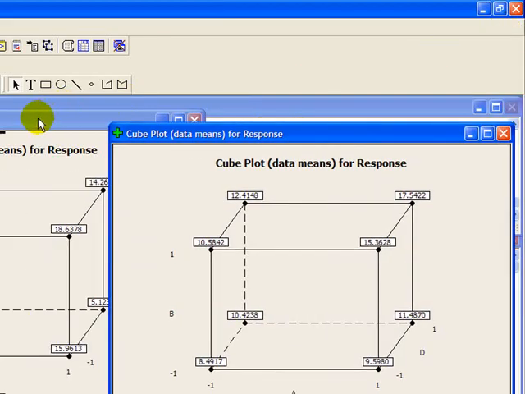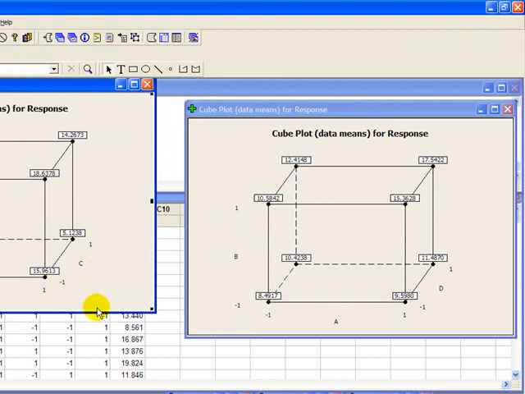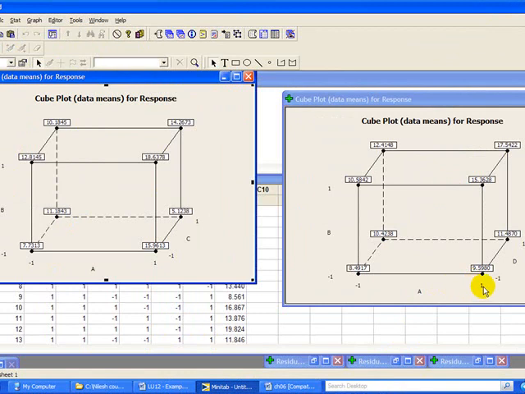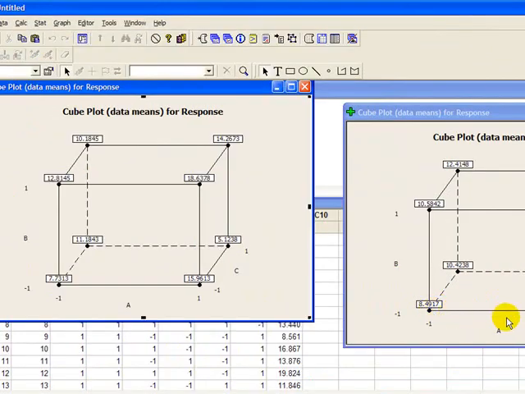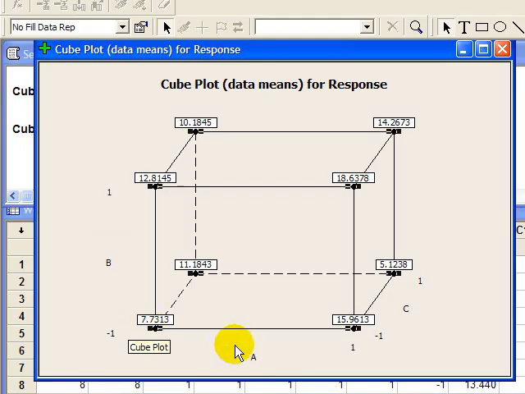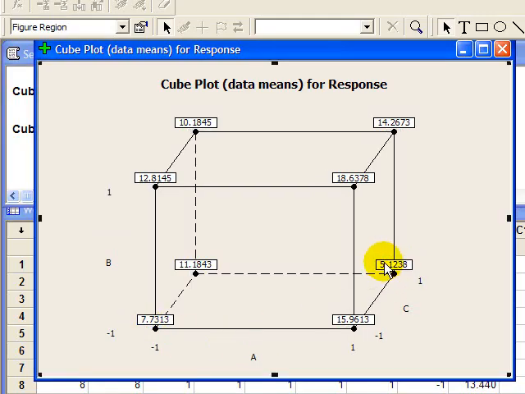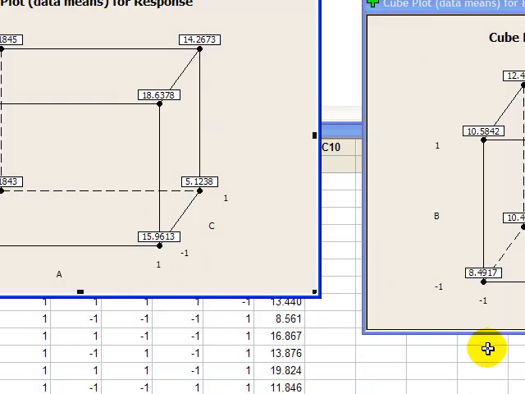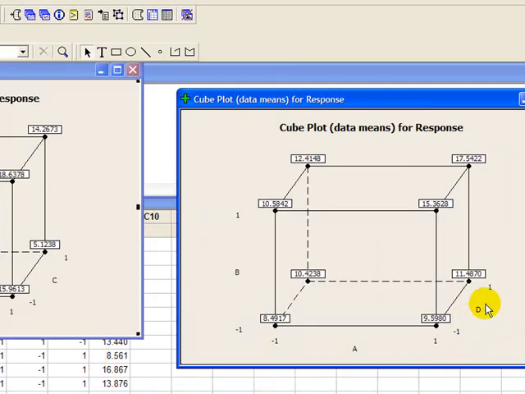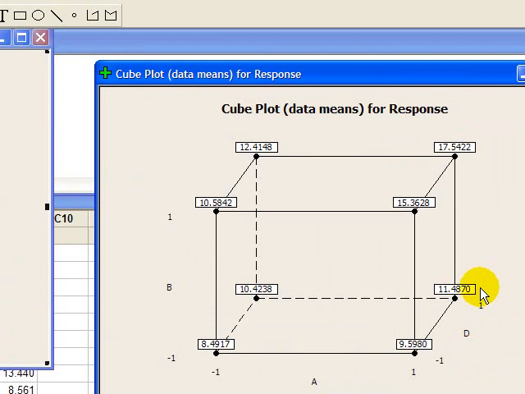So I will stick with that. It's a little contradictory, but you can see 7.7313 and 5.1238, and 5.1238 is less than 8.4917, right? So I'm going to stick with the high value of A.